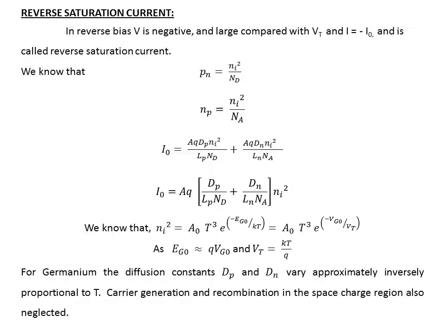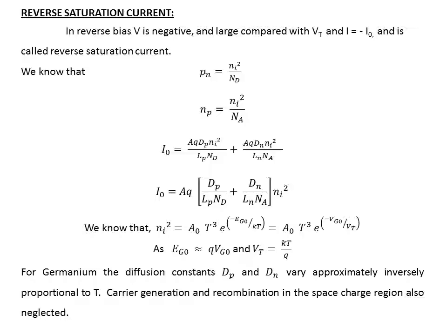Similarly, Np, the electron concentration in the P side, is given by Ni²/Na, where Na is the density of acceptor atoms. Then the I0 expression can be represented like this, which in turn depends on the intrinsic concentration Ni².